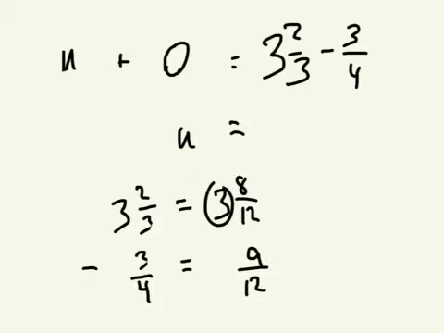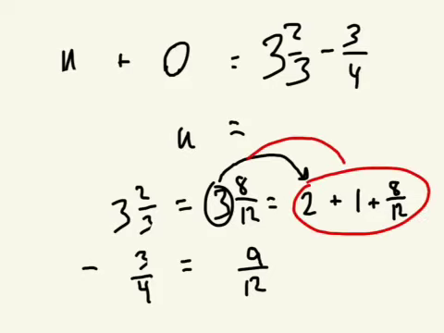I'm going to take this 3 and break it up into a 2, a 1, and an 8/12. Now, all this right here added together equals my 3 and 8/12.